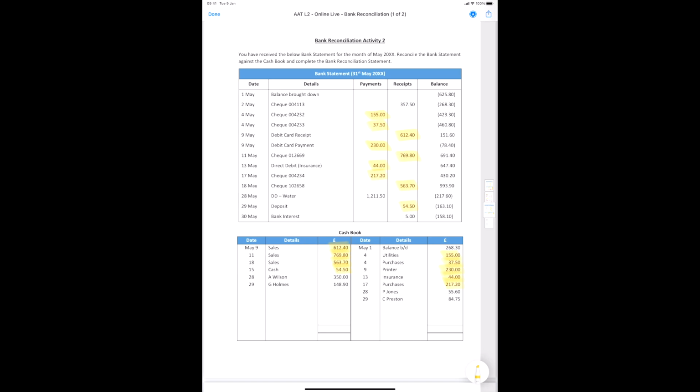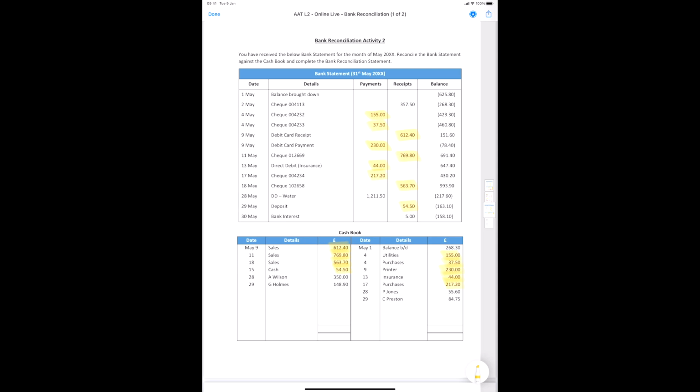Now, if we look at the difference, £625.80 minus £268.30 should give you a difference of £357.50, which we can see we have a cheque for in the bank statement.